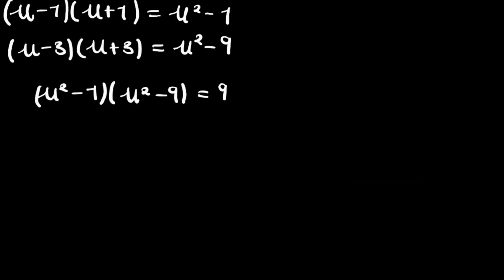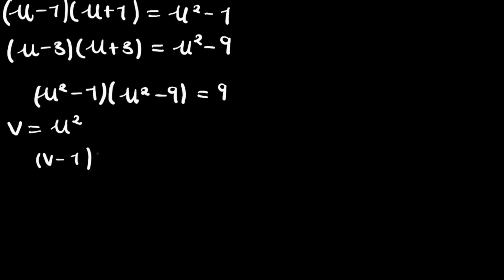But we cannot expand it directly, because it's going to bring more complications. So if we can break things down, let us break things down. Let v be equal to u squared. Substituting v back, it's v minus 1 into v minus 9 equal to 9.